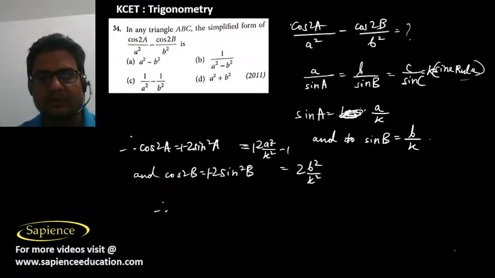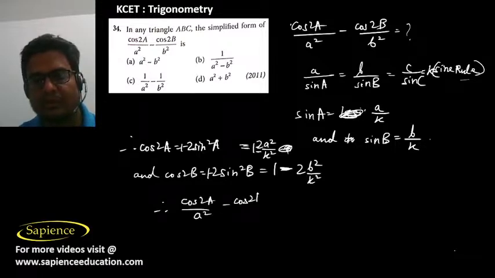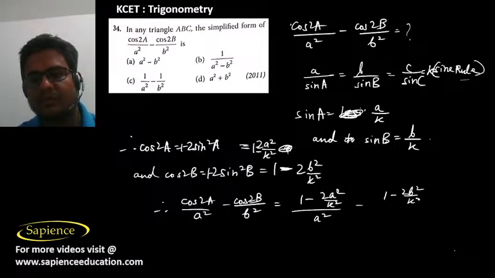So this will be 1 minus 2a square by k square, and this is also 1 minus 2b square by k square. So cos 2a by a square minus cos 2b by b square will be equal to 1 minus 2a square by k square divided by a square, minus 1 minus 2b square by k square divided by b square.